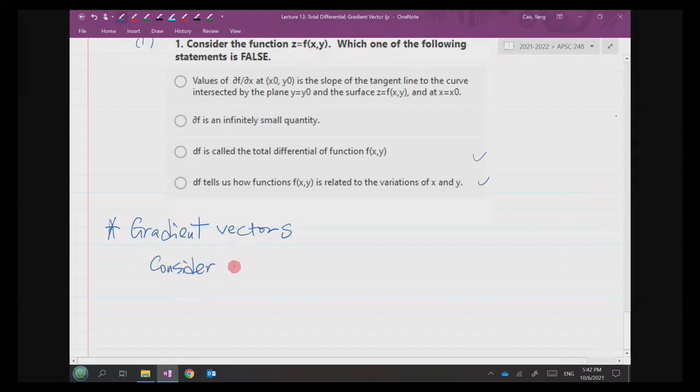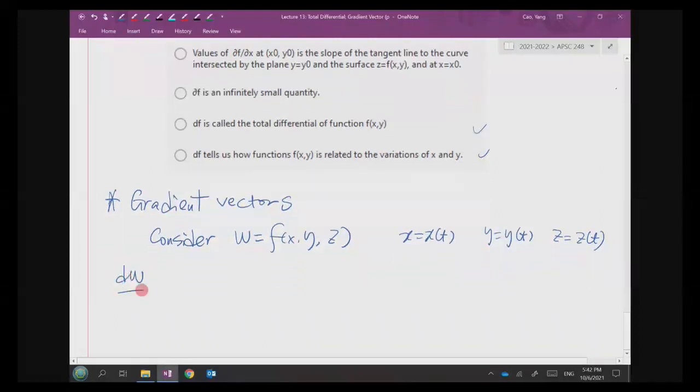Let's consider a function of three variables, and you can easily downgrade to a function of two variables based on the results here. So this function has three variables, and x is a function of t, y is a function of t, and z is a function of t. This is pretty much review.